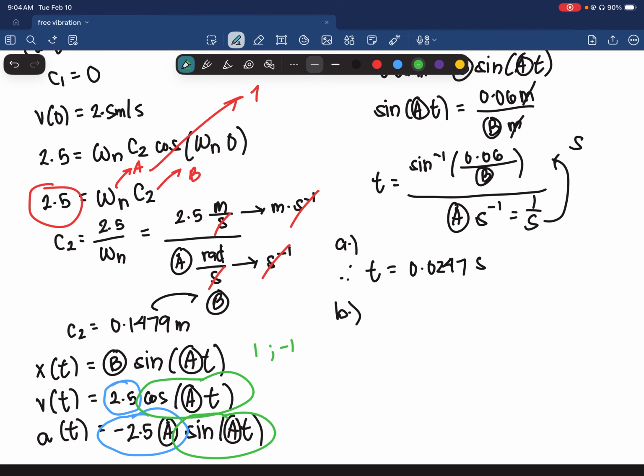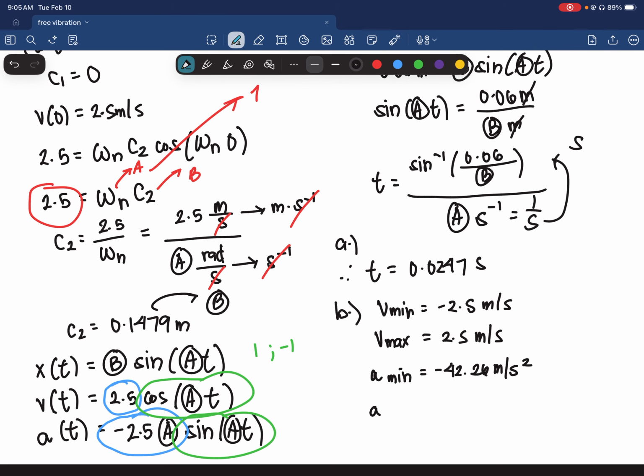So, yun lang yun. Okay? So, for B, yung ating Vmin, that is just -2.5 meters per second. Vmax, that is just 2.5 meters per second. And yung ating minimum acceleration, okay, that is -42.26 meters per second squared. And yung ating maximum ay 42.26 meters per second squared.